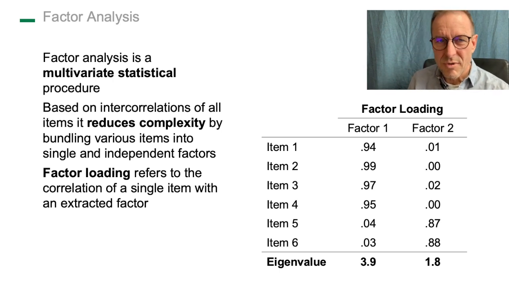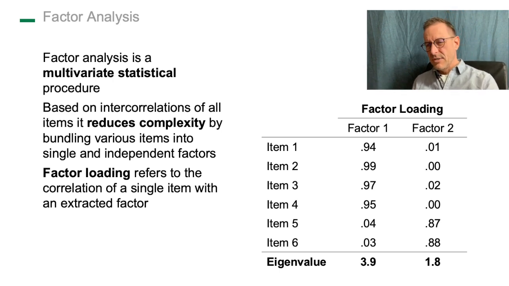So what you do then is you look at all the items that load high on, let's say, factor 1. You look at these items, and what you do then, and that's the creative part of factor analysis, you really look at the content of those items and you try to see any kind of meaningful things in these items.